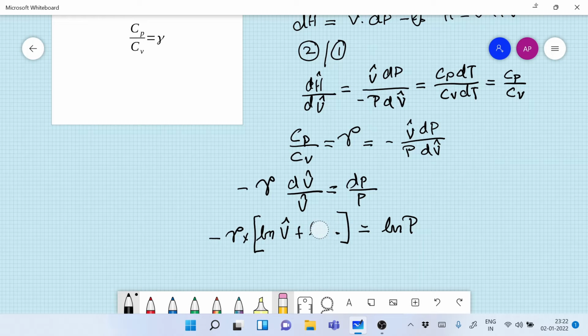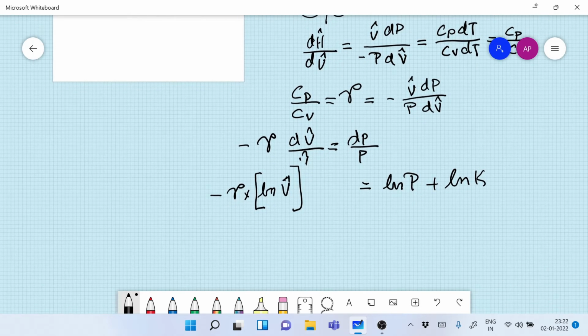So let's remove the constant of integration from here, and write this as plus ln of K. So we can write this as minus ln of K is equal to ln of P plus gamma ln of V.